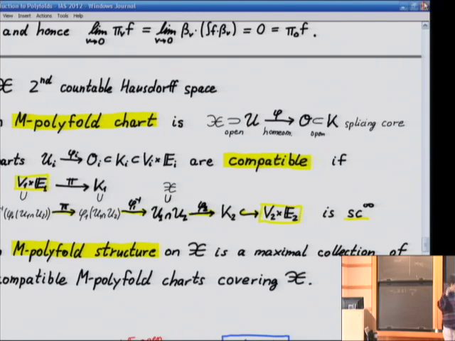So, okay. Yeah. In this definition, what is the tangent space at a point? The tangent space. Take a point in U. Well, there's a tangent space to a splicing core, which is somehow the image of the differential of the retraction, of the projection.